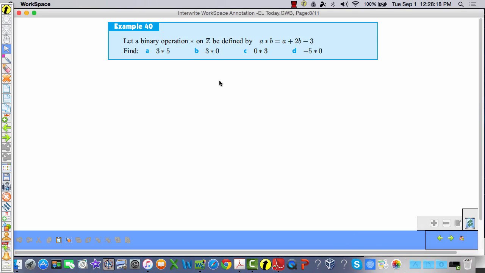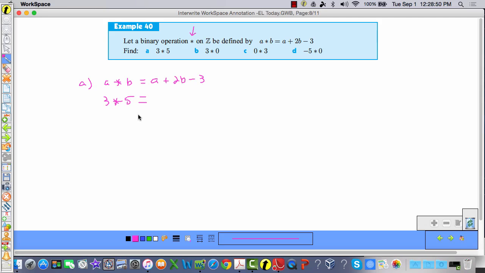First of all, let's say that we have a binary operation indicated by this asterisk right here on the set of integers, and it's defined by a star b equals a plus 2b minus 3. So find 3 star 5. Okay, well, I'm going to rewrite it just so it's right here in front of us. A star b is equal to a plus 2b minus 3. So 3 star 5, it's just substitution, and you might think this is so easy.